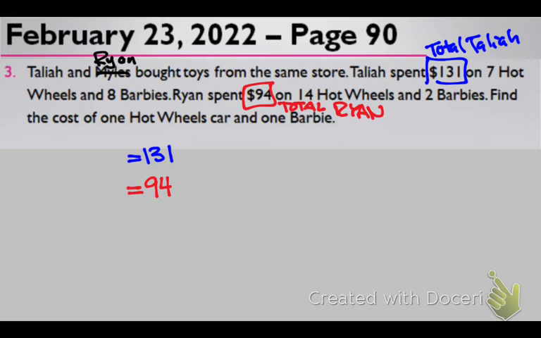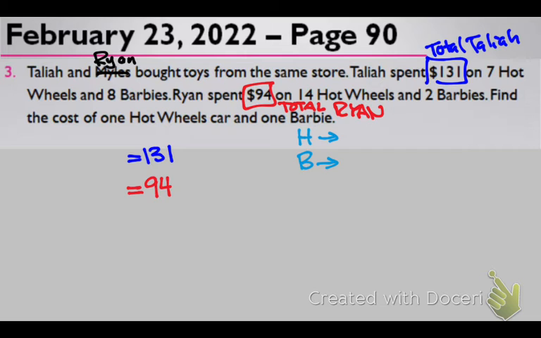What are we looking for? What are our variables? The Hot Wheels and the Barbies. What variables do you want to use for Hot Wheels and Barbies? H and B. That sounds good.